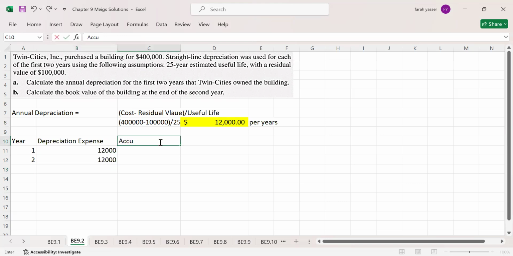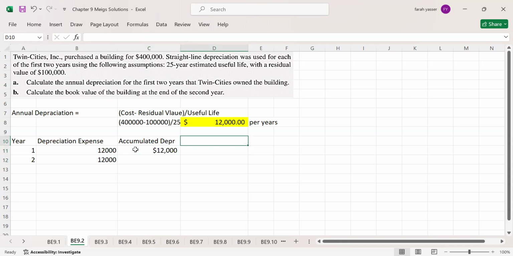Year four till 25th year, the depreciation would be 12,000, because this is the straight line method. What is accumulated depreciation? Accumulated depreciation basically means to accumulate or sum the current year depreciation and the previous year depreciation. As this is the first year, we have just current year depreciation. We do not have previous year depreciation.